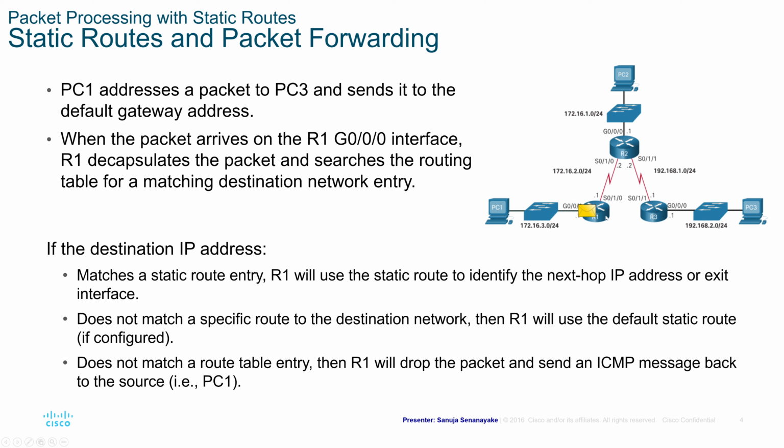The packet first reaches that default gateway, then R1 figures out the destination IP address. First it looks for the static route entry and identifies the next hop IP address or exit interface, if it matches. If it does not match, then it looks for the default static route, and if none of these work, the packet gets dropped and an ICMP message will be sent back to PC1. That's a fundamental concept that you should get out of this slide.